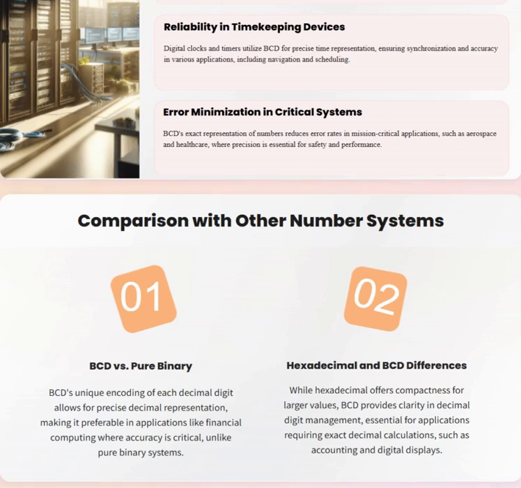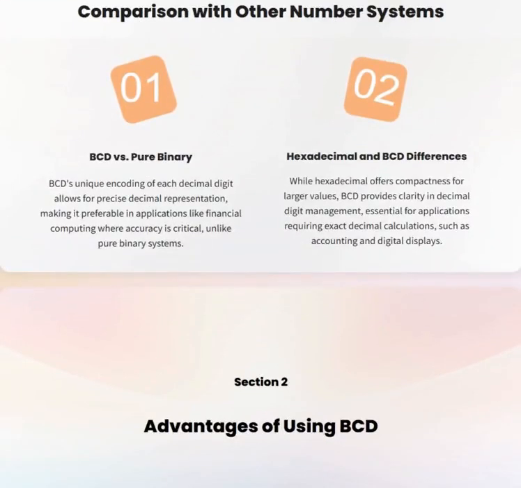So this one is the comparison with other number systems. BCD is a unique encoding of each decimal digit, which allows for precise decimal representation, making it preferable in applications like financial computing, where accuracy is critical, unlike the pure binary system.